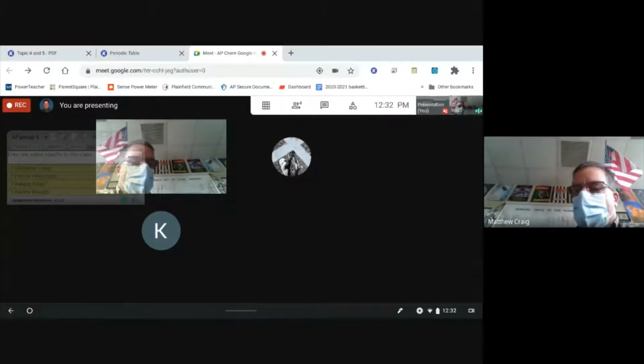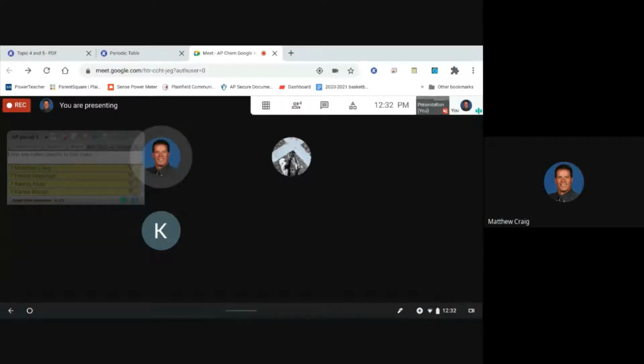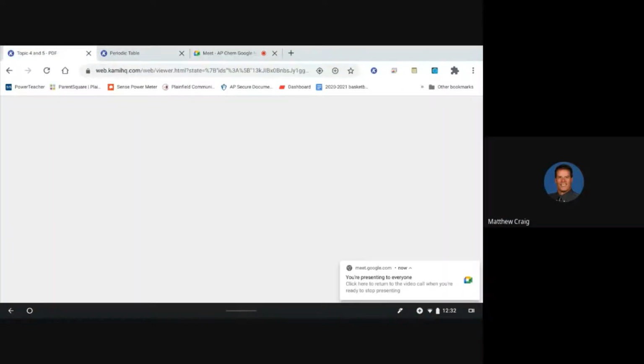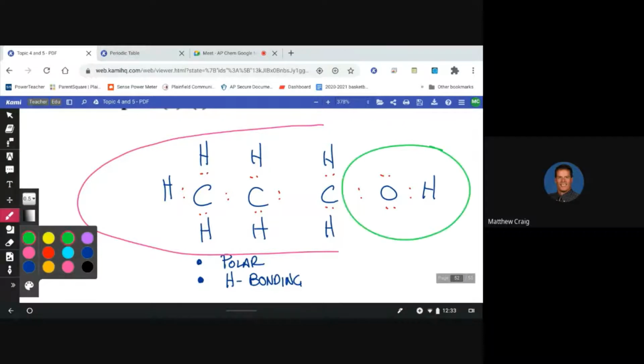So it seems kind of simplistic, but the reality is when you look at all the molecules, they'll have their strongest intermolecular force, which in this case is the hydrogen bonding, but also you have the dispersion. Again, I'm not going to count off if you don't talk about dispersion this week.